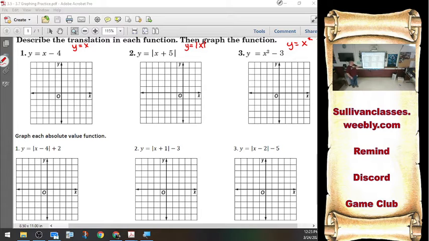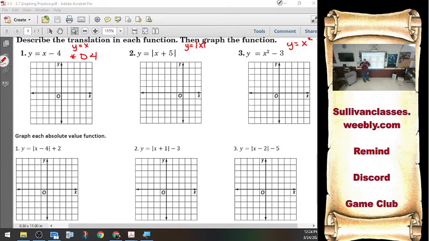Regular x. So if this thing went down 4, what happened? Okay, sorry. If this has a minus 4 next to it, it's a negative 4 outside of parentheses or brackets, so I will say shift down 4. This has a plus 5 inside brackets, up, down, right, or left.